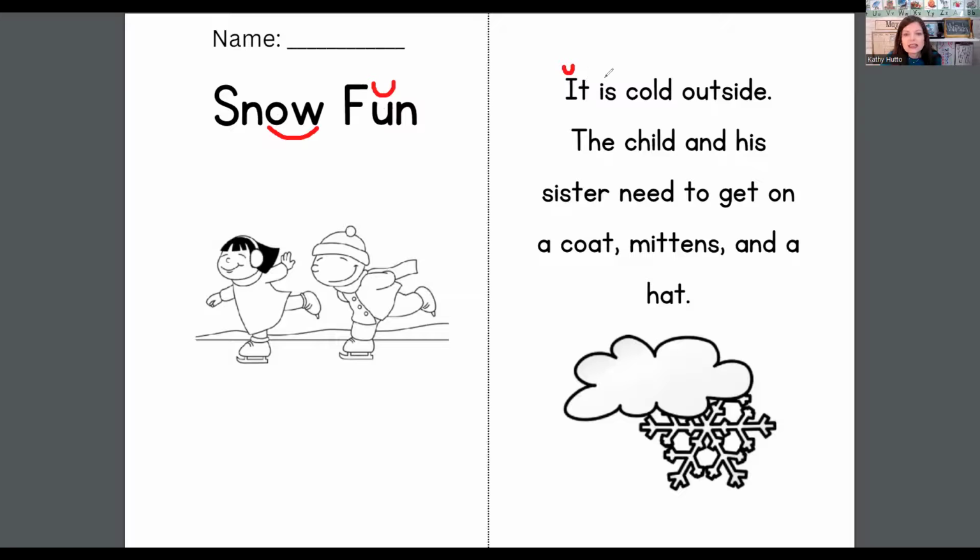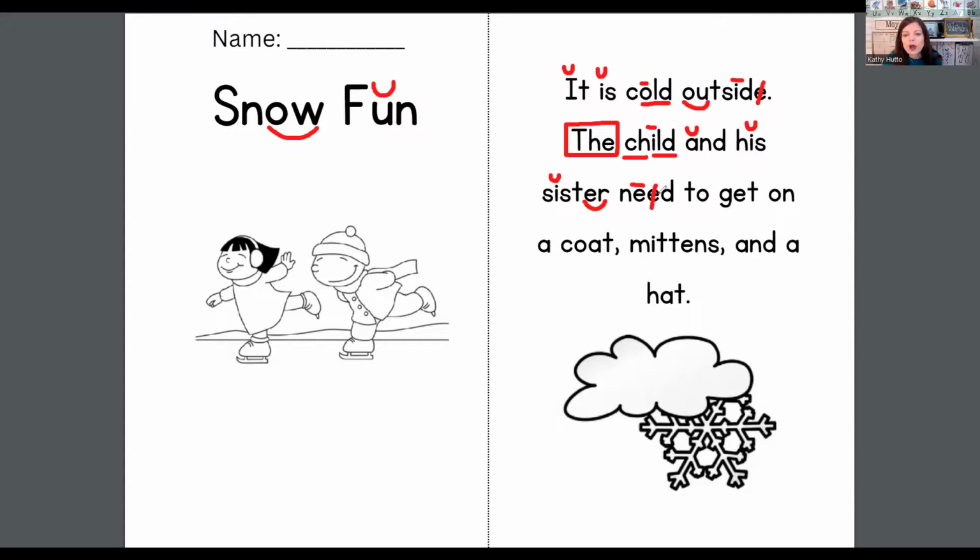It is. I see that O-L-D, so I know this O will be long. Old, cold. Outside, outside. That's a sight word. Child, child. And his sister.